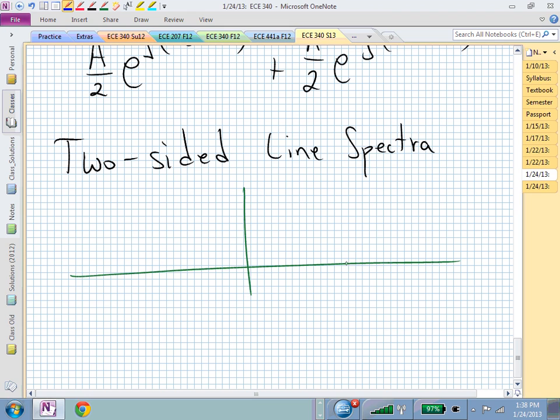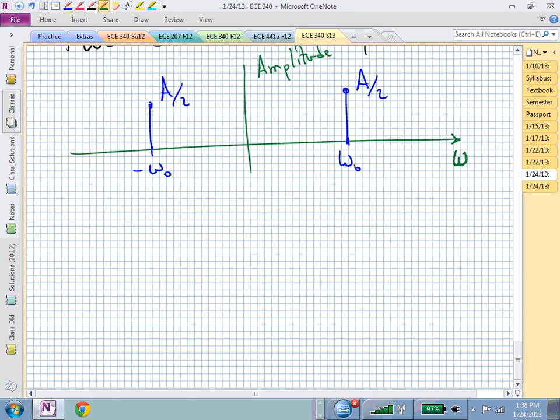We have something at omega naught, and we have its buddy at minus omega naught, except now in the two-sided spectra, the amplitudes are half of what they were in the one-sided, because we're combining these together. And so this is now the amplitude. And what about the phase?